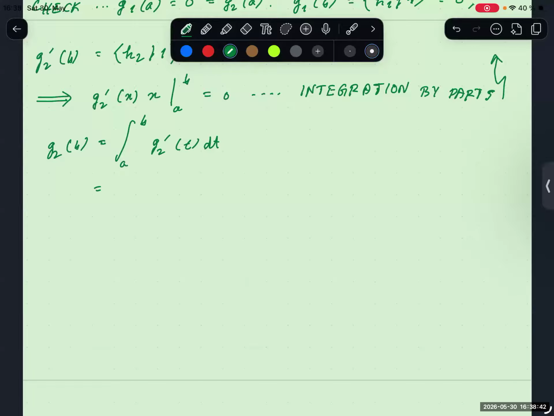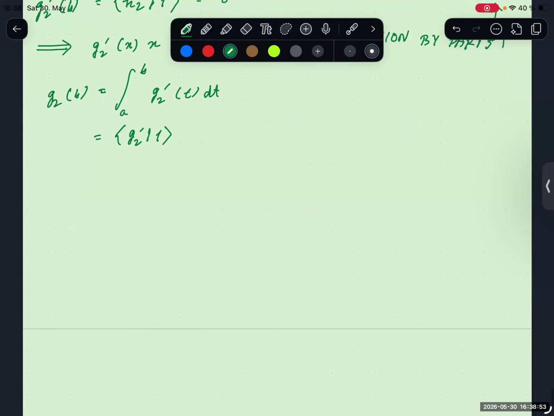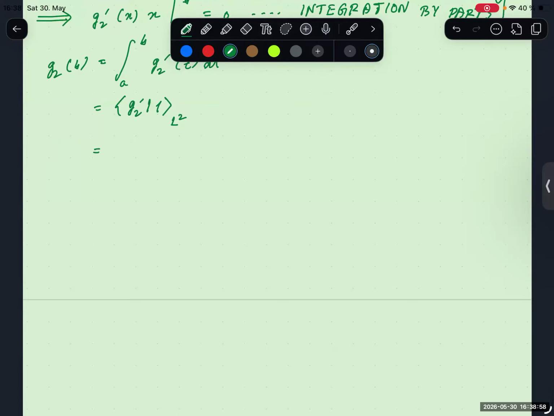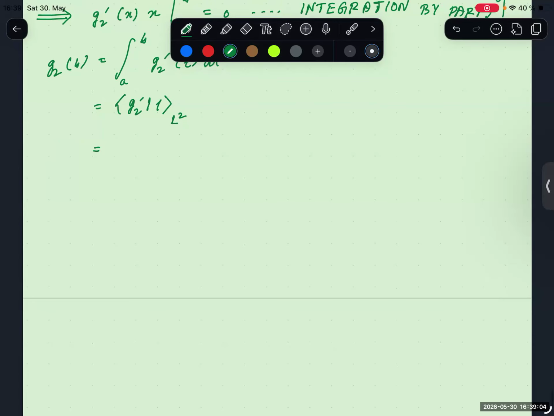This is nothing but g2 prime with 1, the inner product in L2. Now we derive this integration by parts, and that tells us this is minus, with the condition we have just checked, the double derivative of g2 with x in L2.